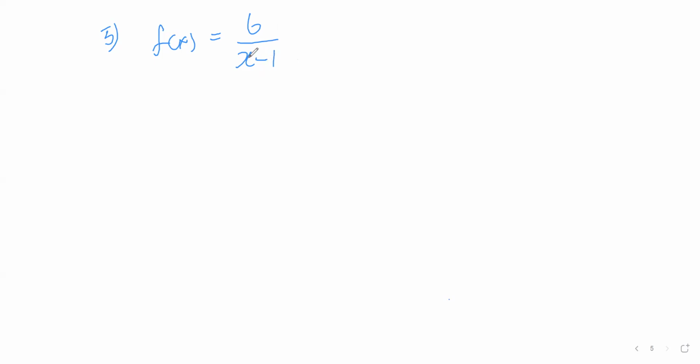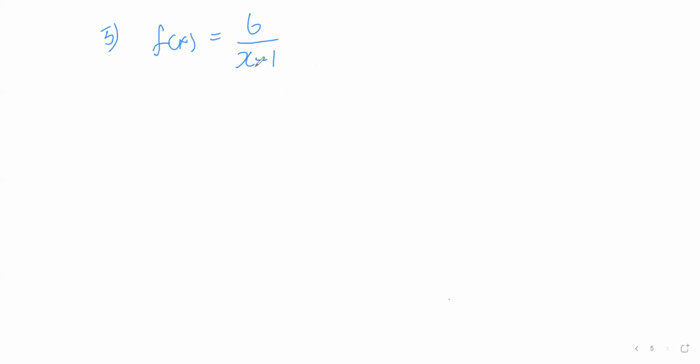So if I substitute x equals 1 in place of x, 1 minus 1 will be 0 in the denominator, all right? And 6 divided by 0 will be undefined, okay? So that tells me that my domain is all real numbers except 1, because 1 makes my denominator 0, which makes the entire fraction undefined.